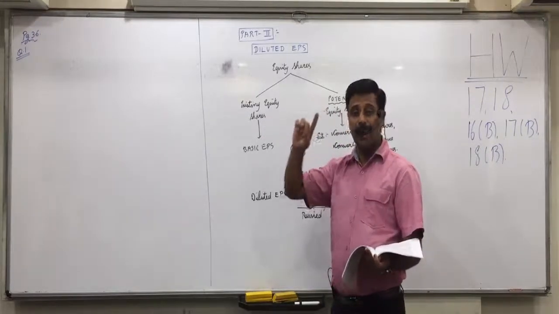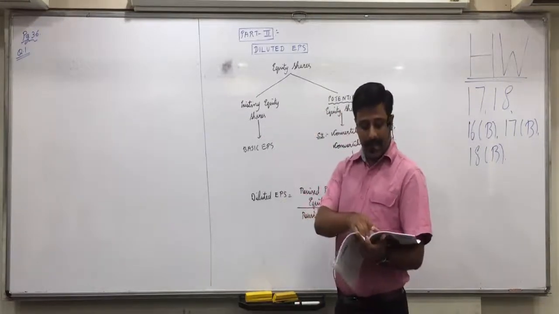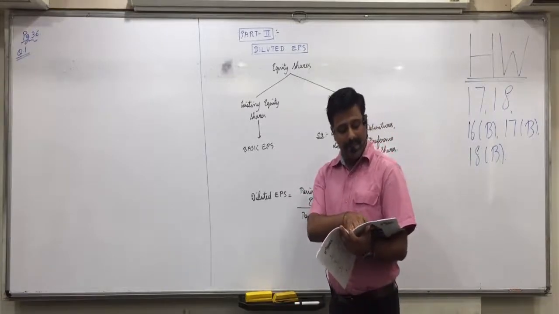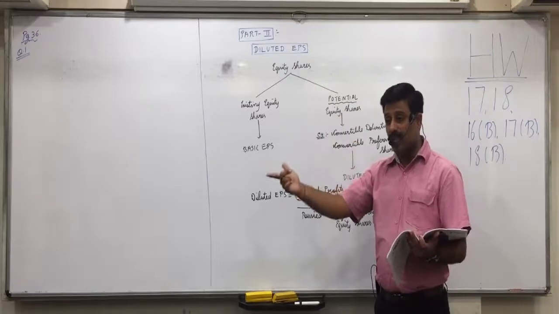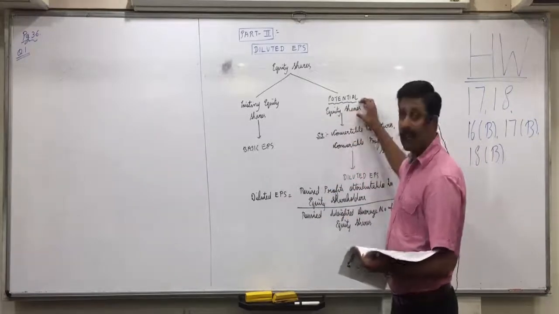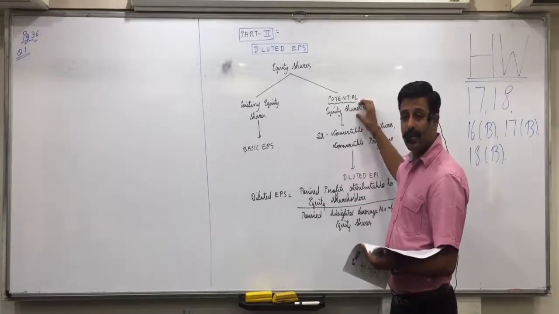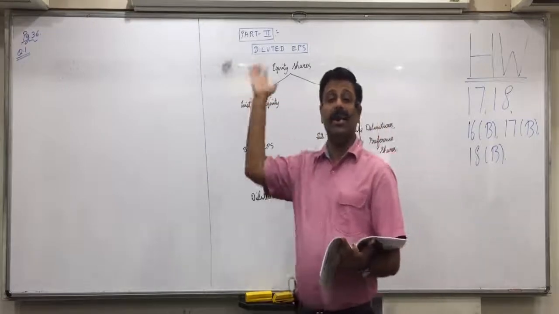But when we find diluted EPS, the convertible debentures of 500, which are going to get converted into equity shares on 1st October, we will take them from 1st April itself for the purpose of diluted EPS.